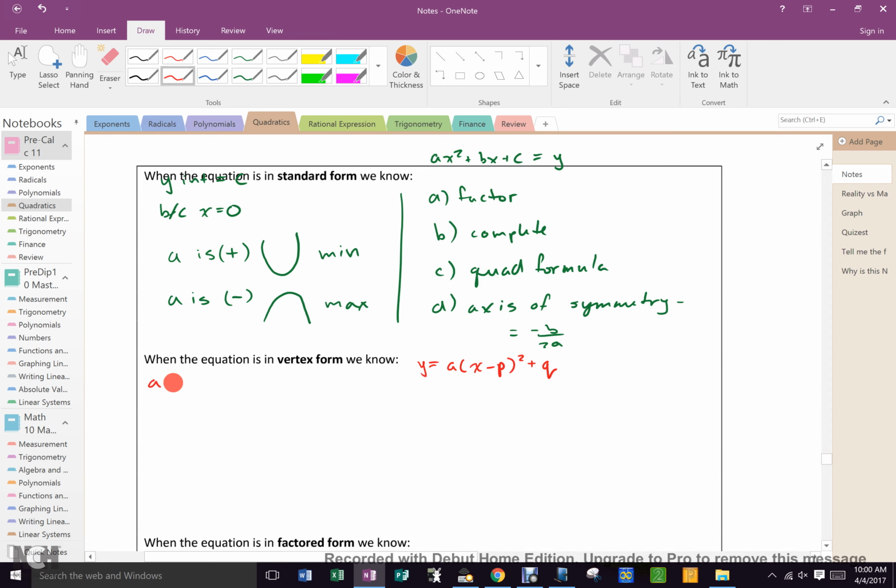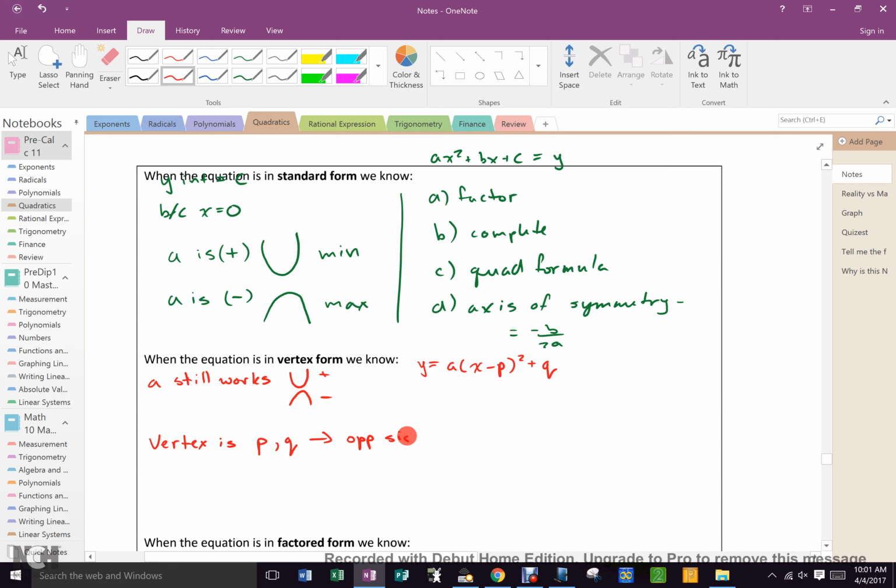We know A still works. That way, whichever it is, positive, negative. What else do we know? Right, we know the vertex. Vertex is PQ. But what do we have to remember?